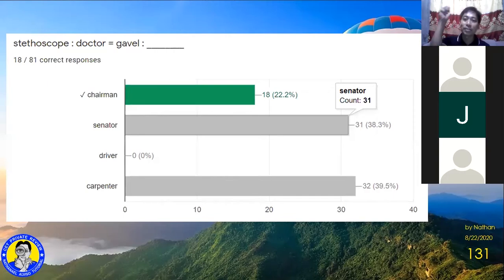Okay, what you use when you're calling order in the court. It's like a small wooden mallet or hammer that you pound on another piece of wood to make a sound. Okay, and the only one who uses that is the chairman of any committee. He could be a senator, she could be a congressman, but the one who's using the gavel is the chairman only.